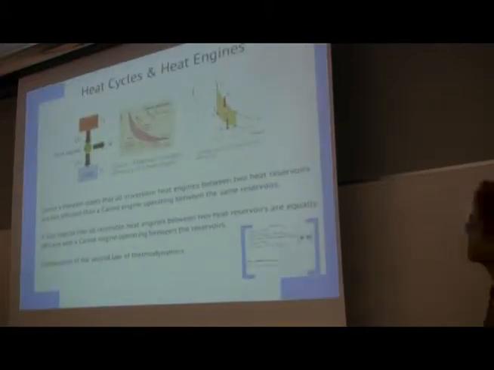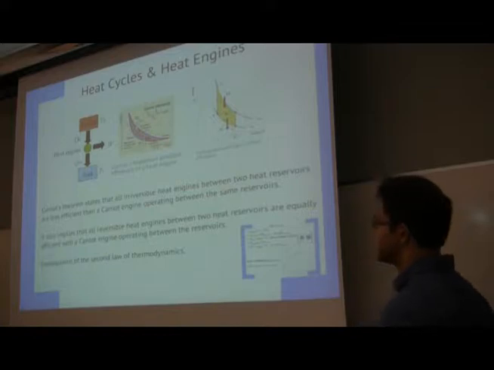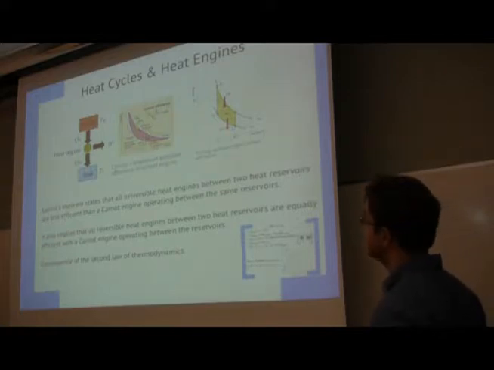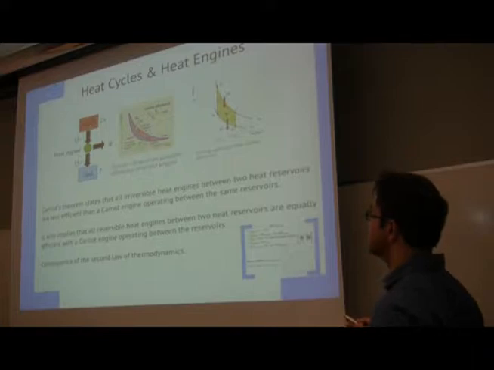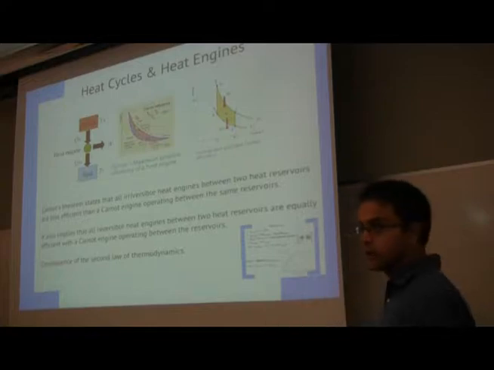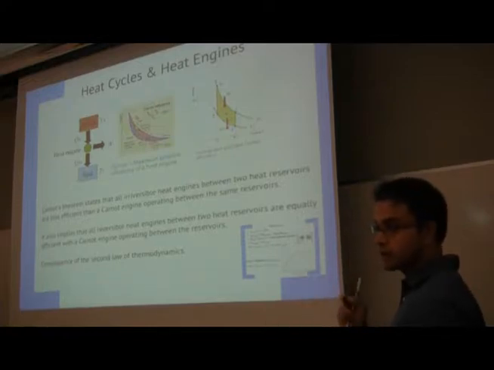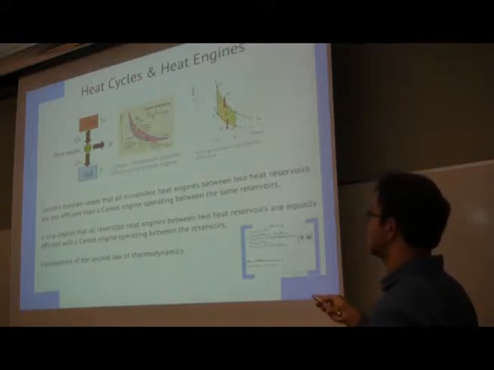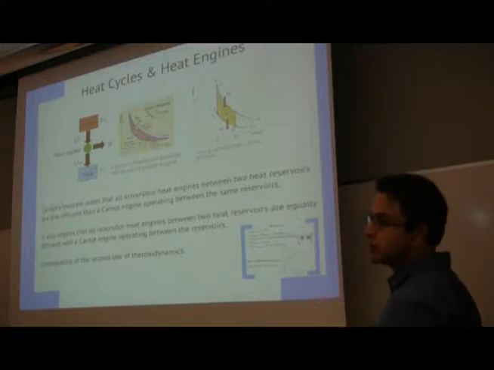Now let's look in a little more detail at heat cycles and heat engines, because these are what determine efficiencies in all thermal processes, not photovoltaics. Okay? A heat engine essentially can be thought of as a machine that's able to do work based on the temperature difference between two reservoirs. So that's the most general way to think about it. So you have a source of heat, which of course in our case is the sun, or if it's collected onto something else.